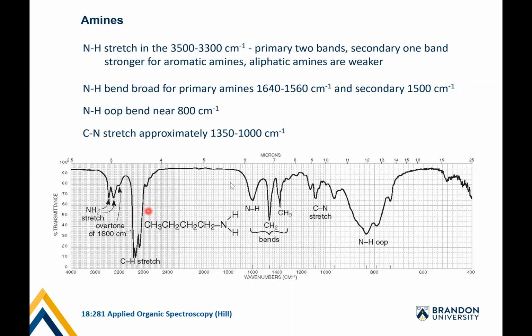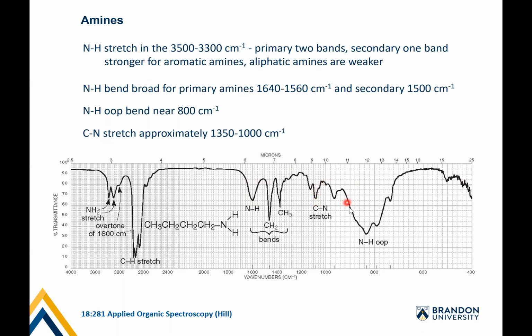You can look for confirmation things like the NH bend over here. So it's quite a broad peak. It's just below where the carbonyls would fit in. The CN stretch is between 1,000 and 1,350 or so. This one's quite small.